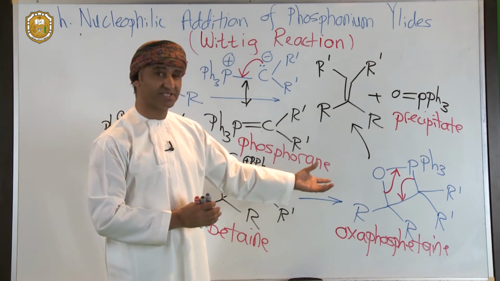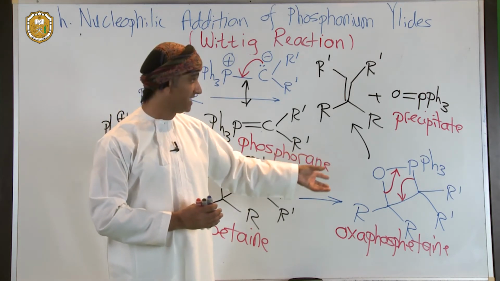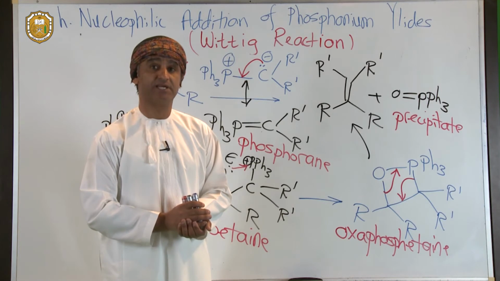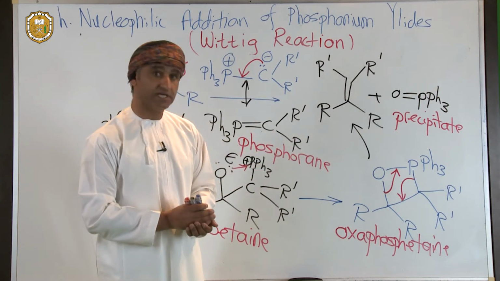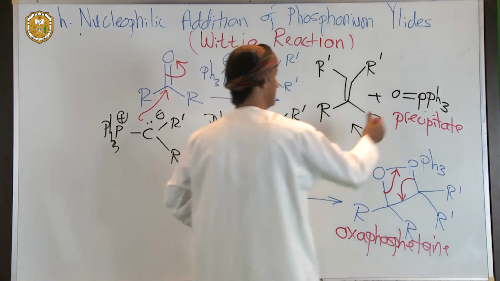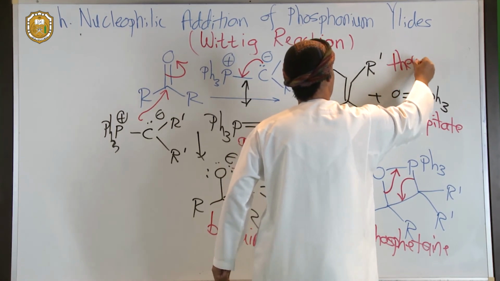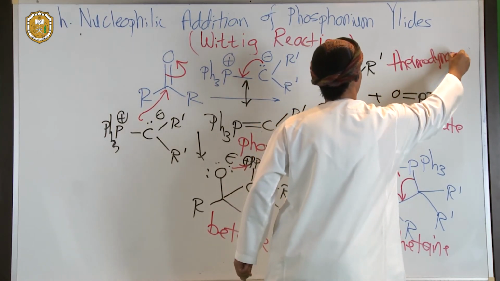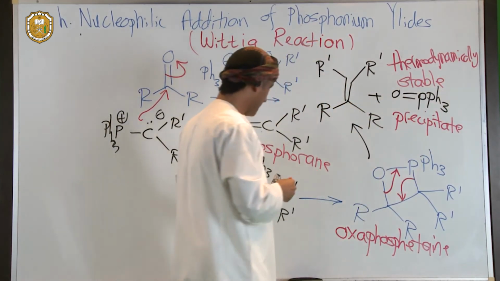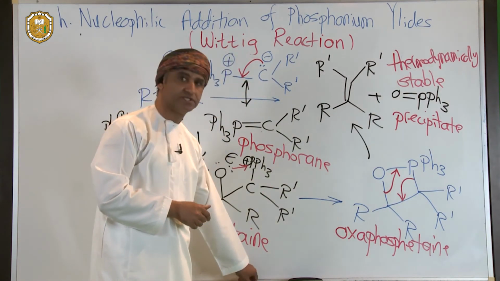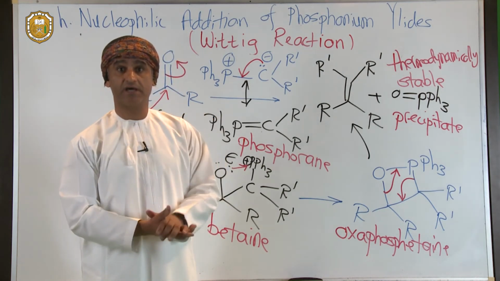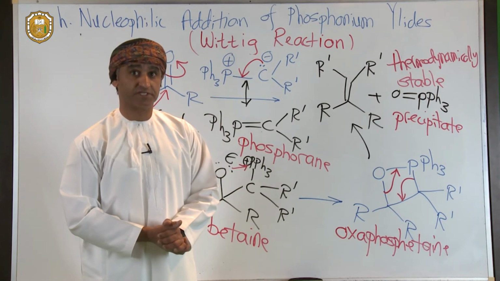Thermodynamically, the collapse of this oxaphosphetane to give the final alkene product, and of course the very thermodynamically stable triphenylphosphine oxide, is thermodynamically driven. So we can write down that this byproduct is thermodynamically stable. It's like a driving force for the Wittig reaction, that is the formation of triphenylphosphine oxide, because it contains a double bond between phosphorus and oxygen.